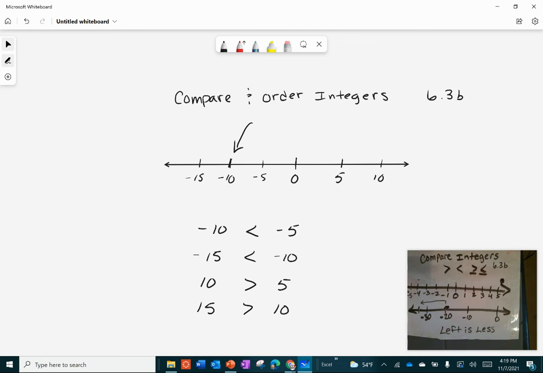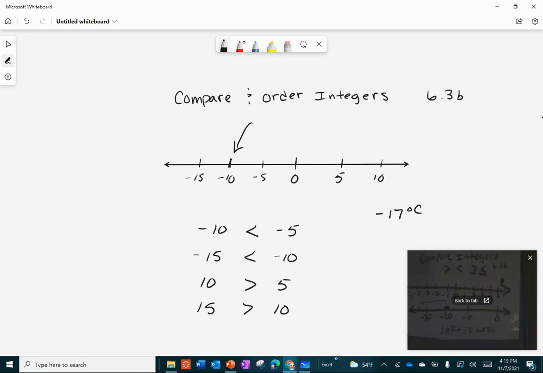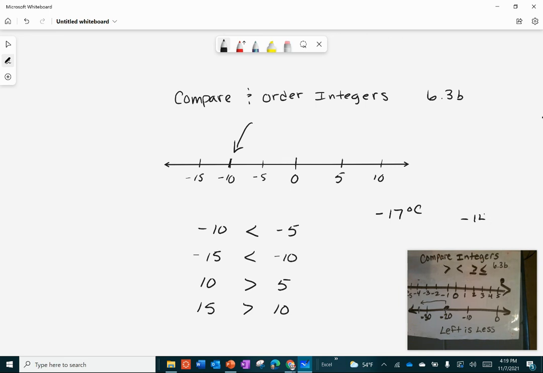One last example here. Let's say it's negative 17 degrees, we'll say Celsius, in Alaska. And it is negative 14 degrees in Russia. Which one's colder? Which one has a lower temperature? Negative 17 is less than negative 14.